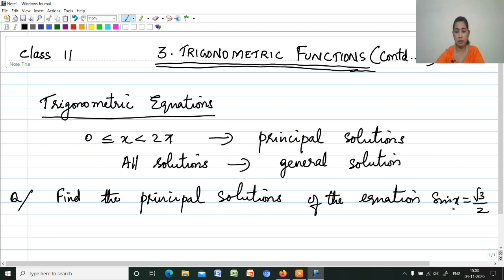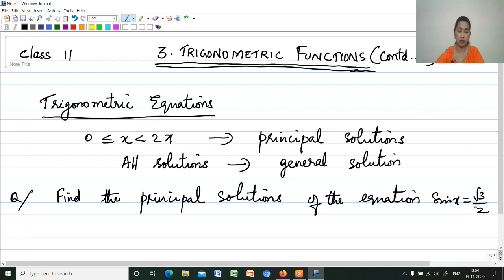Here what you have to find is the values of x. That is called the solution, and we should find the principal solutions, that is, all the values of x that come between 0 and 2 pi. So sin x equal to root 3 by 2.